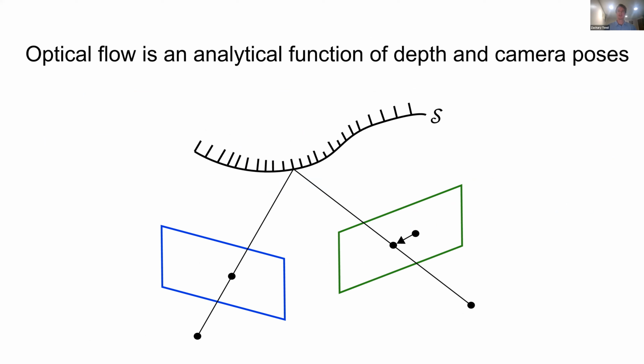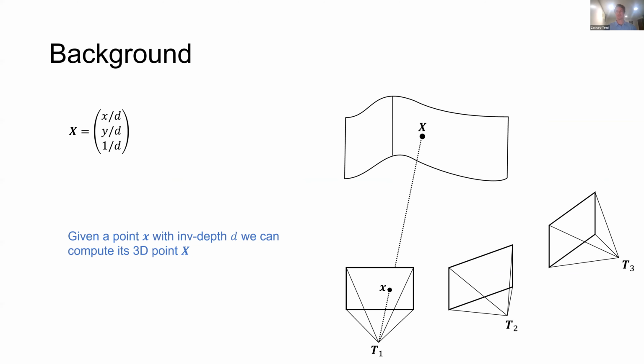To motivate our design, I'm going to start with the fact that optical flow is an analytical function of depth and camera poses. I'm going to show just a brief background of this functional form. If we have a 2D point in image 1, and we know its inverse depth, we can compute its 3D coordinate by back projecting this 2D point.